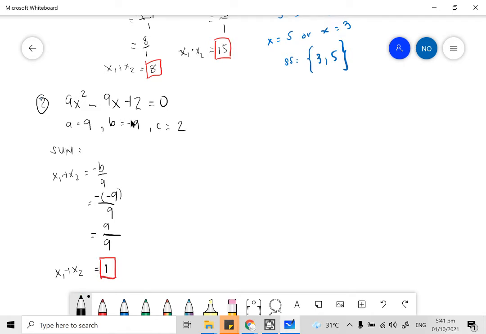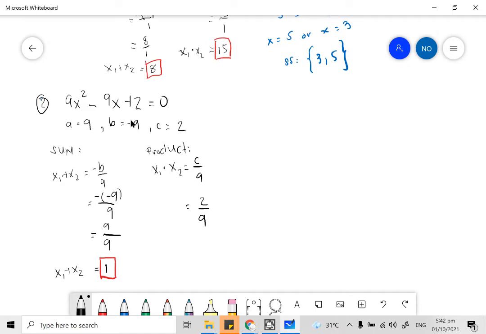Now, product. So, multiplication, x sub 1 times x sub 2, ang formula natin dito ay C over A. Let's substitute. The value of C is 2. And then the value of A is 9. 2 over 9 class is already in its simplest form.